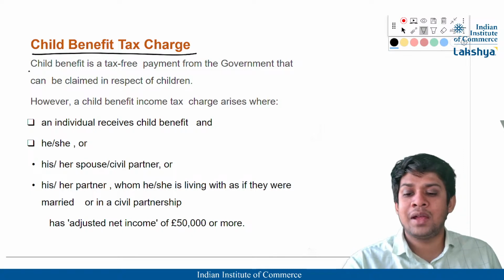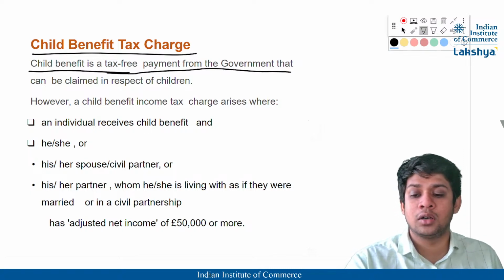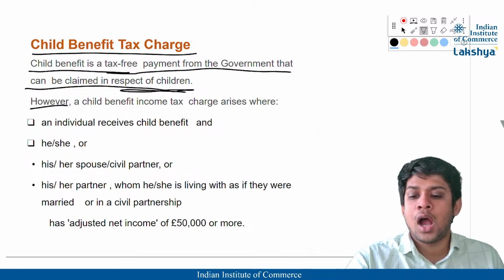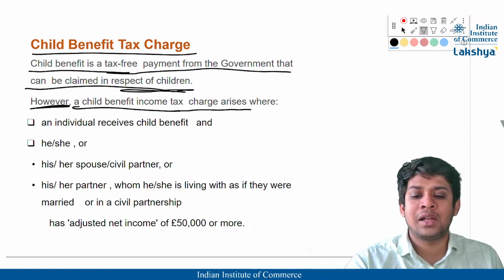Child benefit is a tax-free payment from the government, which can be claimed in respect of children, and it can be claimed by the low income group who have an income lower than 50,000. However, a child benefit income tax charge arises. It is a tax charge, not a benefit.